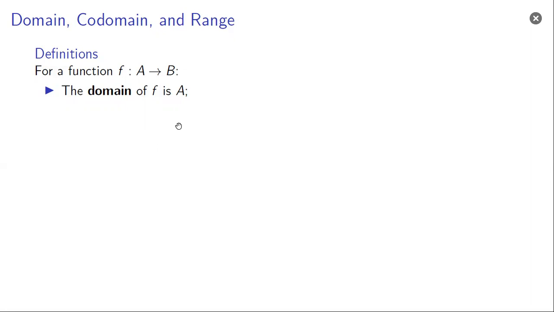Now, to be more specific, the domain contains all the inputs for f. The idea of inputs is the intuition. It's not a very precise idea, but the inputs to the function are things that go into the function and get processed by the function. So it contains all the inputs for f and nothing more. That's very important. The domain has to contain all the inputs of the function, but nothing more.